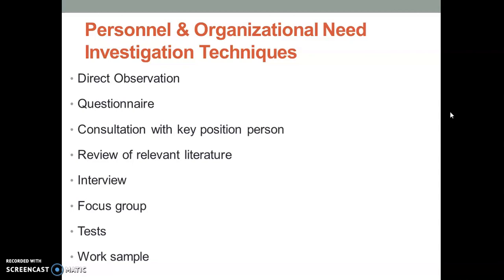This provides an overall picture of the need to be nurtured. Next is test, and the last is work sample.